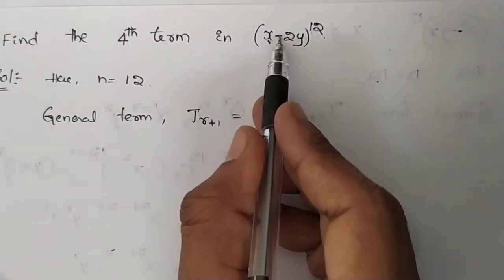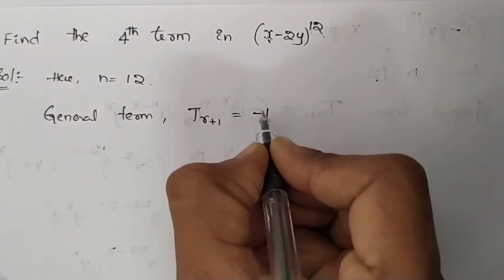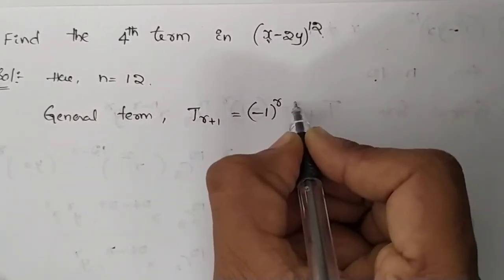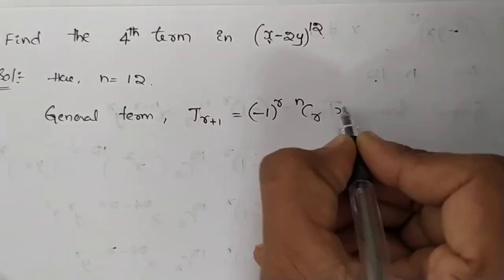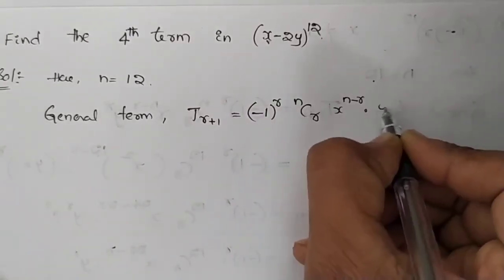If there is a minus sign, then the general term will be (minus 1) whole power r into nCr into x power n minus r into y power r.